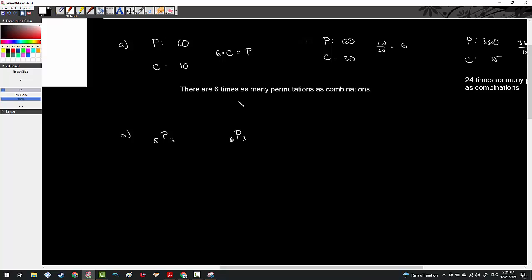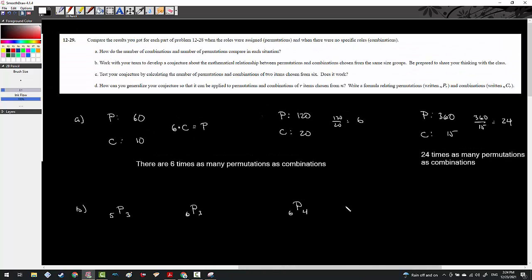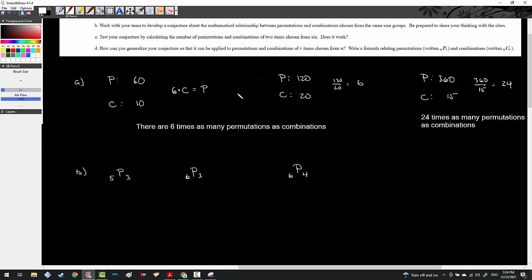Then in the next one, we had 6 permutation 4. And so that is how we got these numbers. But how are we able to lessen the number when we go from the permutation to the combination?